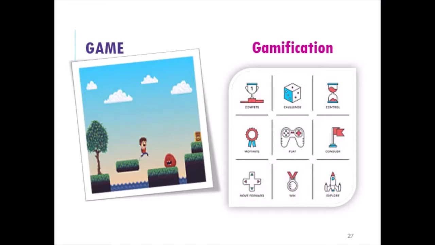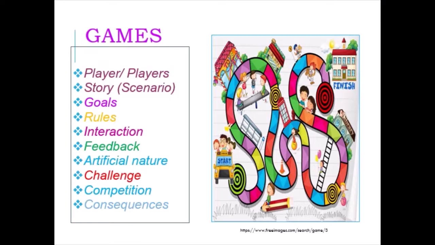When we want to talk about games and gamification, we have to focus on elements of games that are used in gamification. In games, we have player or players, a story, goals, rules, interaction, feedback, artificial nature, challenge, competition, and consequences of games are always there.